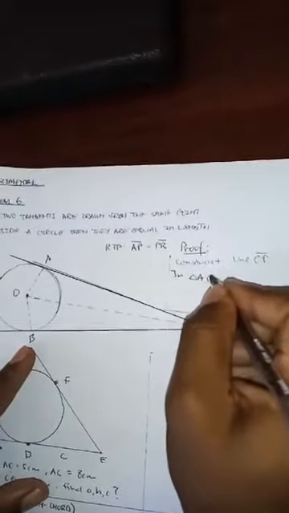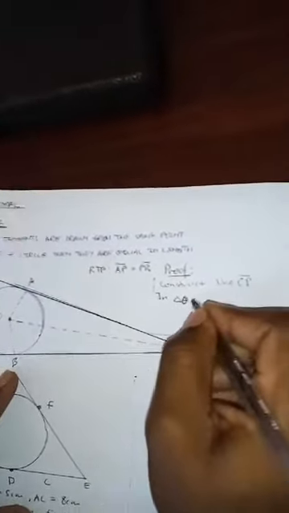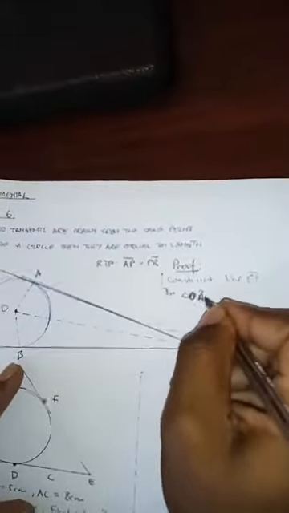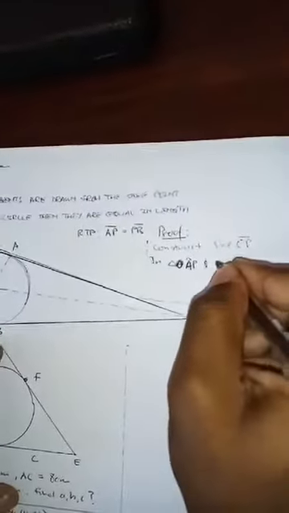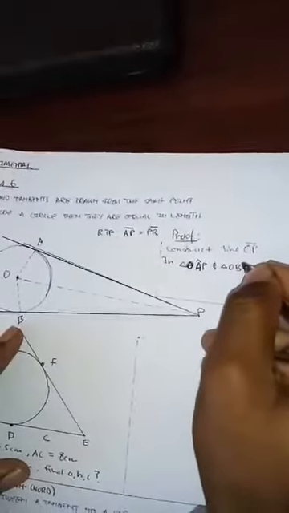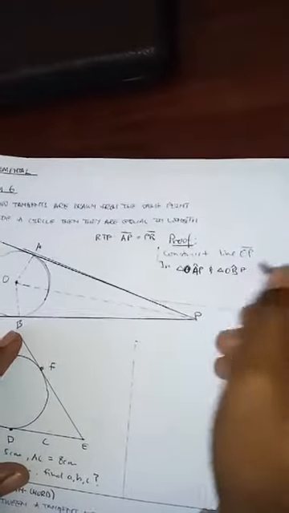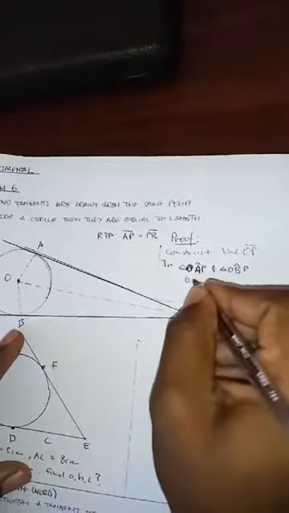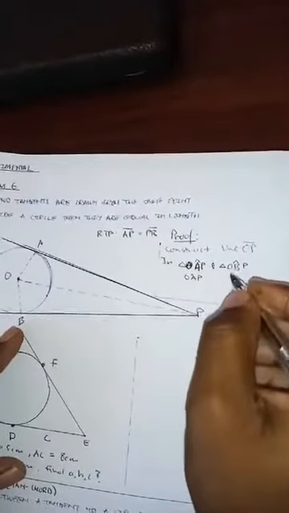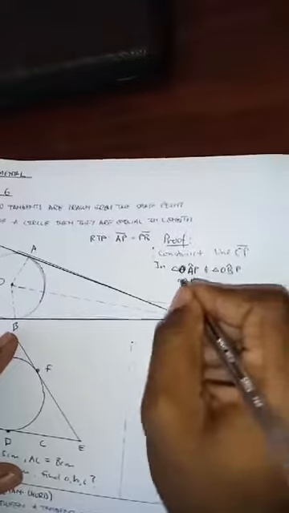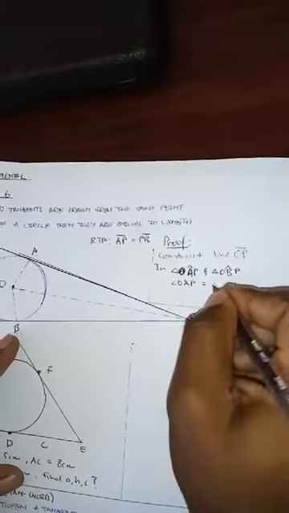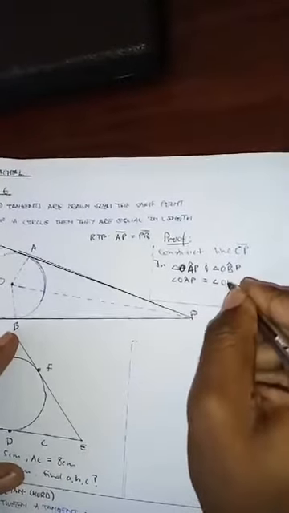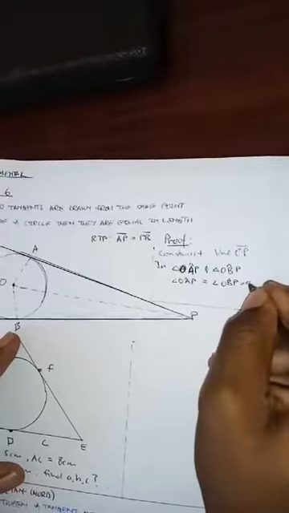We can say in triangle OAP and triangle OBP, what you have is that angle OAP is equal to angle OBP, which is 90 degrees.